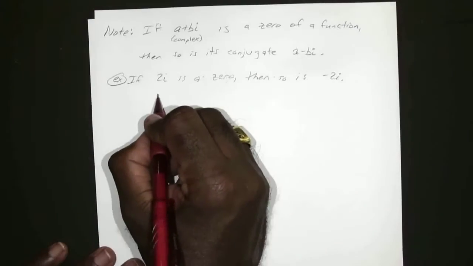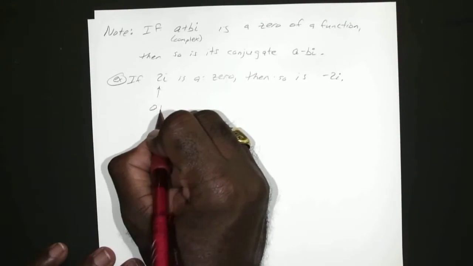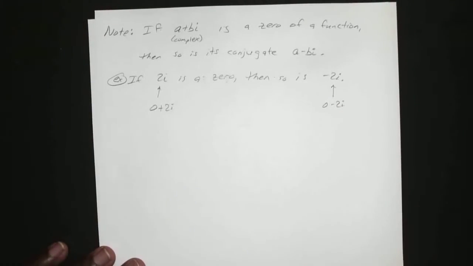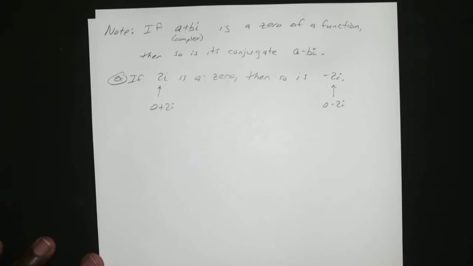Because remember, this is just 0 plus 2i, and this is just 0 minus 2i. All right, any questions on this so far?